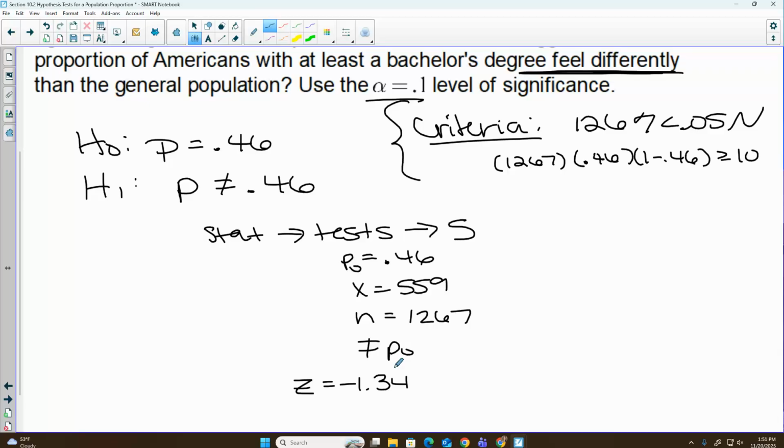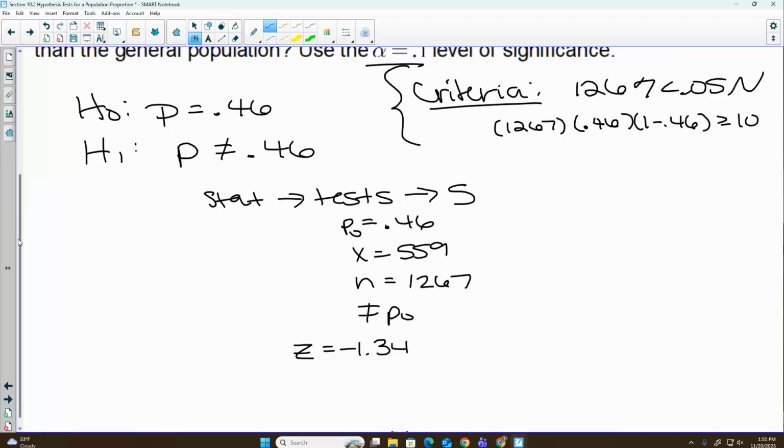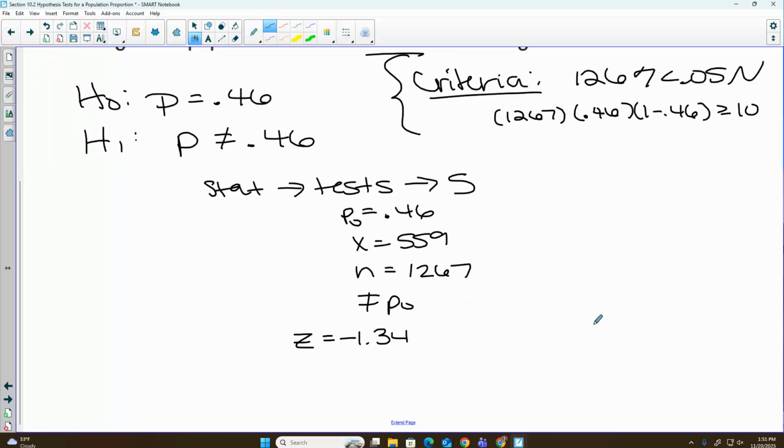So this one is a little bit tricky because it's not equal. It's a two-tailed test. So we would reject if it's over here or over here, because it's not equal, that's both sides. Basically, if it's smaller than -1.34 or bigger than +1.34.